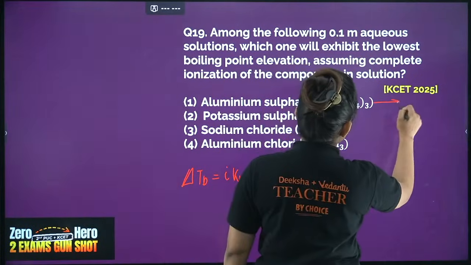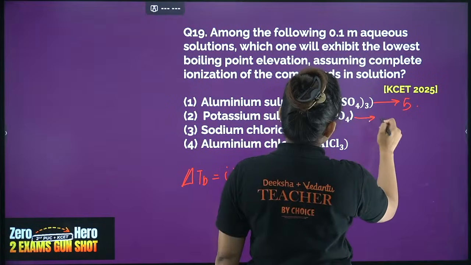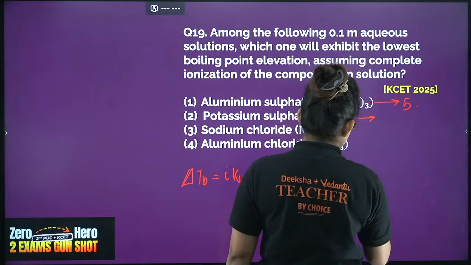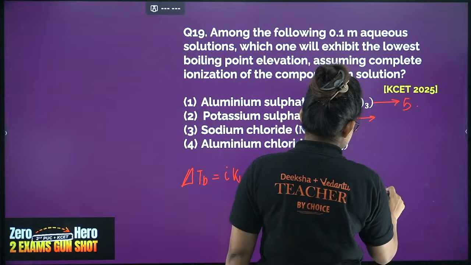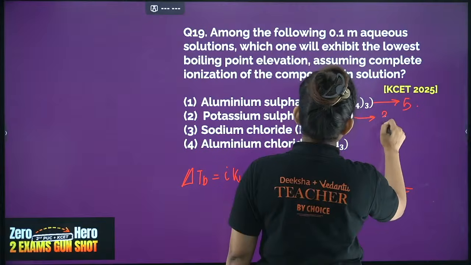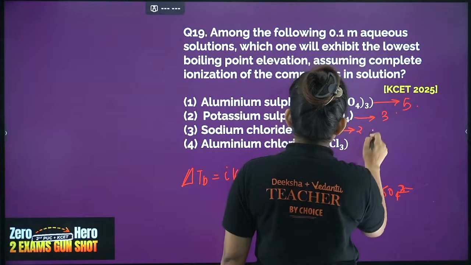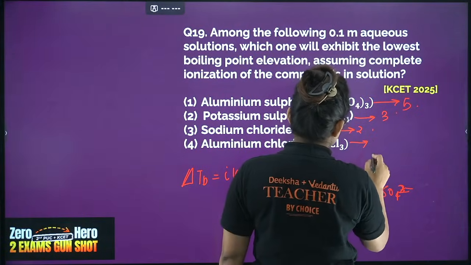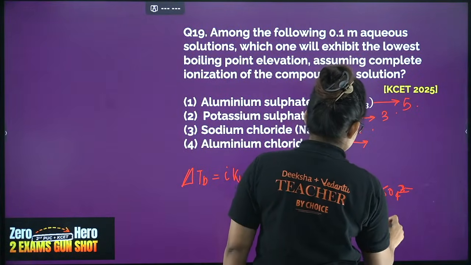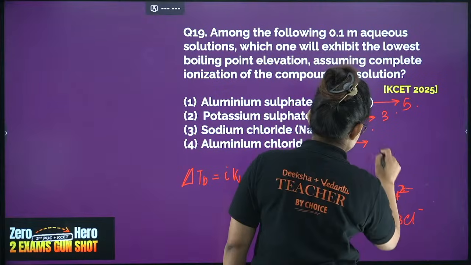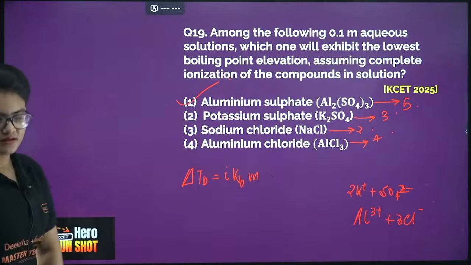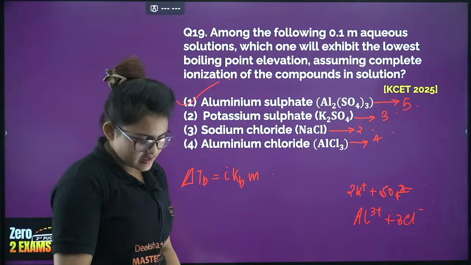For aluminium sulfate it will come 5. For K2SO4, 2K plus and SO4 2 minus, it will come 3. For NaCl it will come 2. For AlCl3, Al3 plus and 3Cl minus, it will come 4. So the maximum will come for aluminium sulfate. I guess it's clear to you.